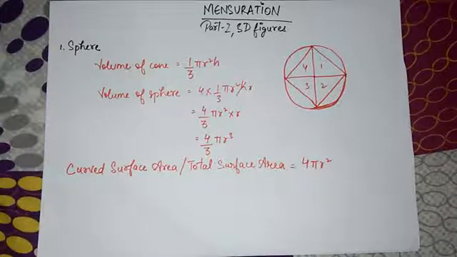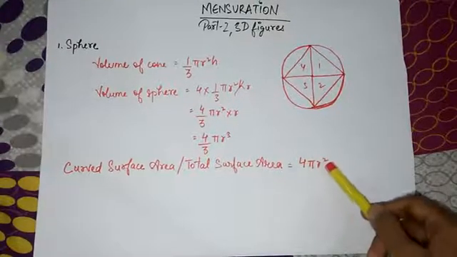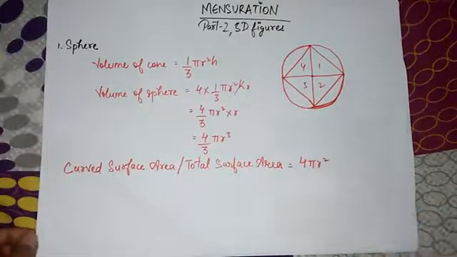How can you learn it? I can tell you my way. So the area of a circle is pi r square. So you can learn it like this: curved surface area of a sphere is 4 times the area of circle. So it becomes 4 pi r square. Okay, very simple.